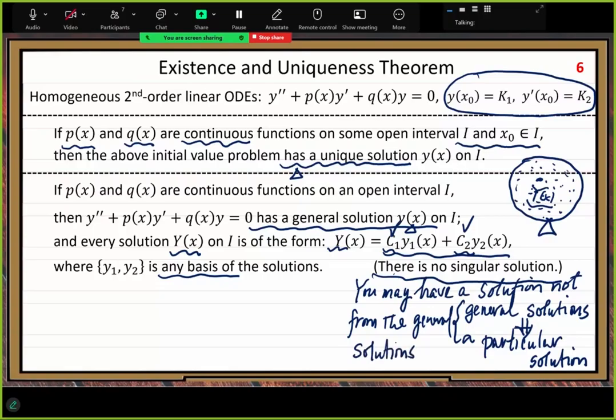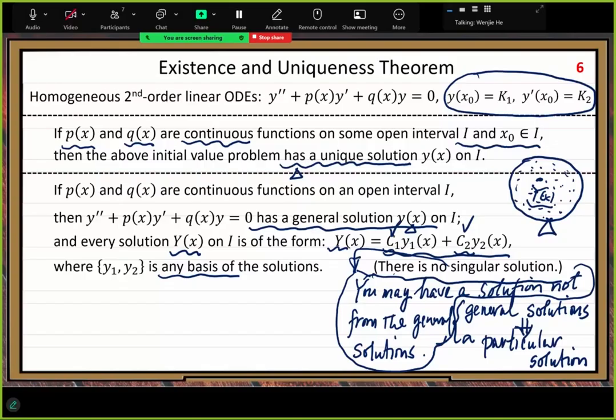So what's that? That means no matter how you choose C1, C2, you cannot get one special solution. If you have this kind of special solution, then we call it a singular solution.